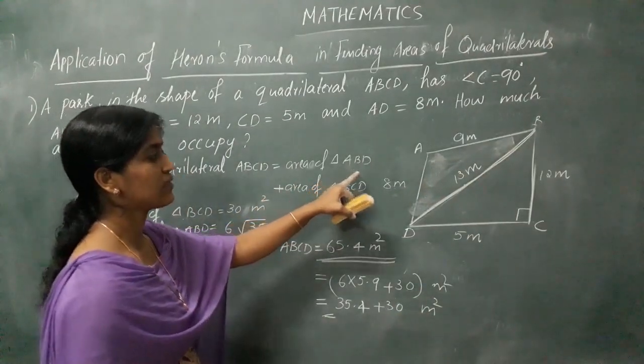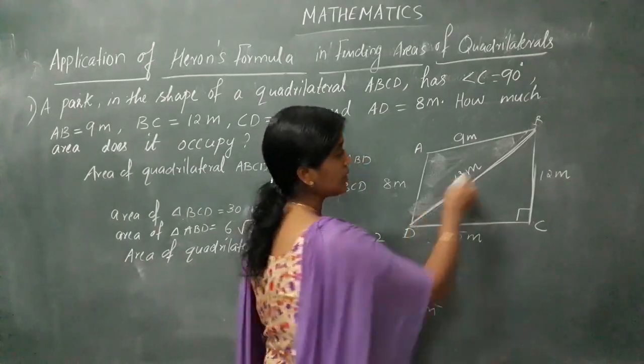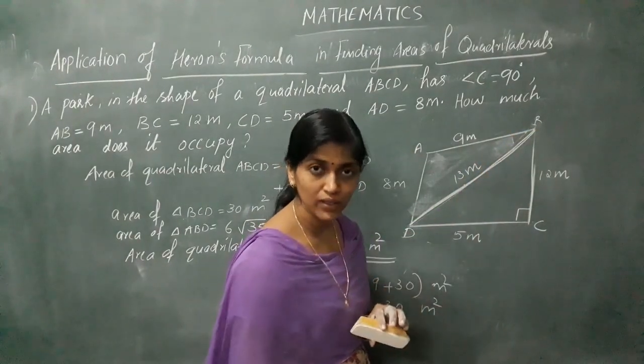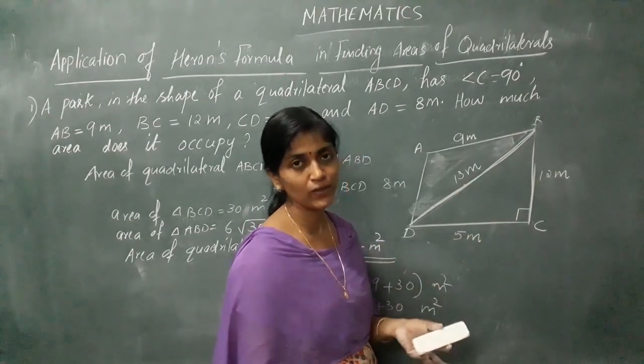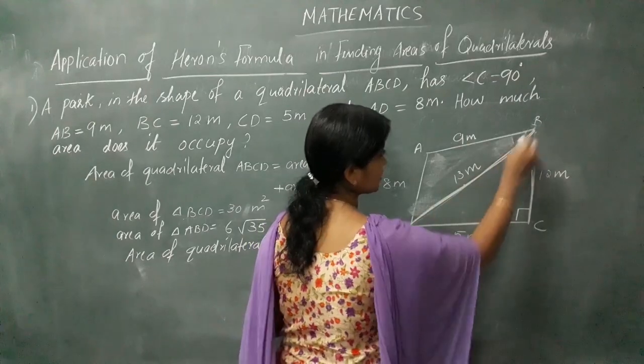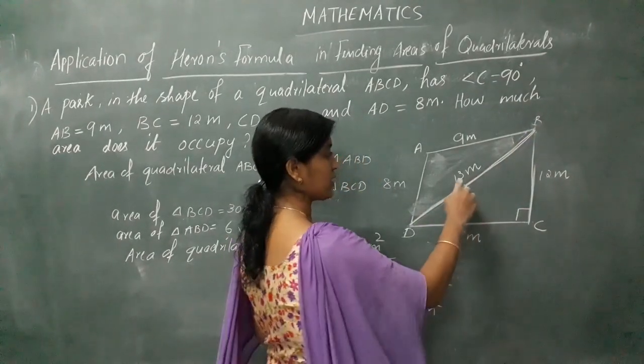To find its area, this side was unknown to us. We found the length of the side using Pythagoras theorem and got 13. Why were we able to use Pythagoras theorem? Because the side is the hypotenuse of this right angle triangle. So we found here 13.